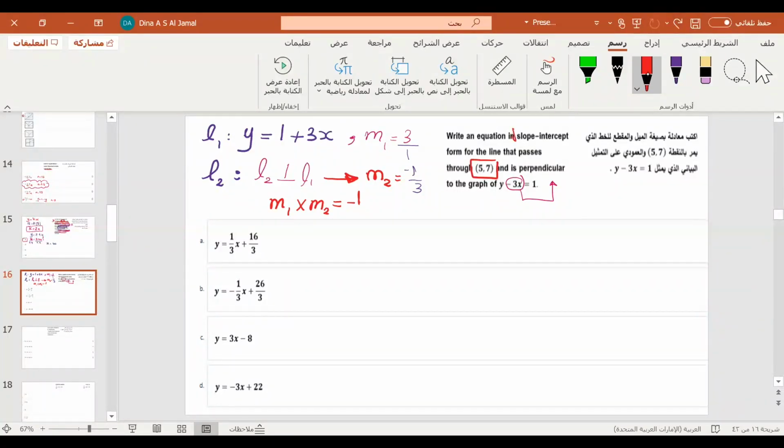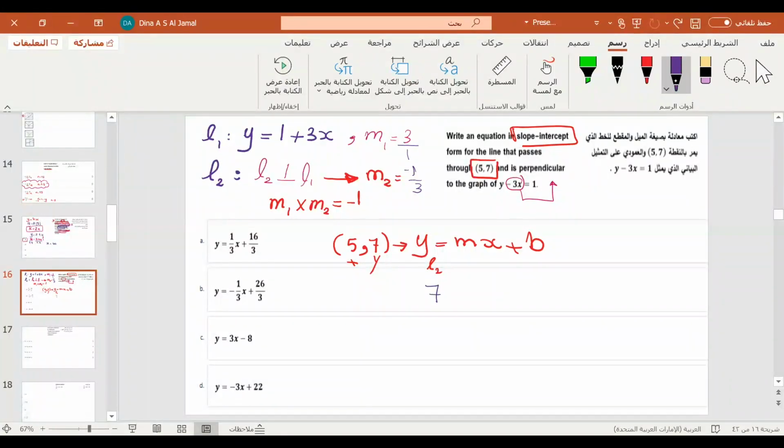And I'm having this point. I want it in slope-intercept form. So y equal, now this is for line 2. So y equal mx plus b. So since I'm writing for the second line, I will be using 5, 7 point, this one, x and y, and I will be using m2.